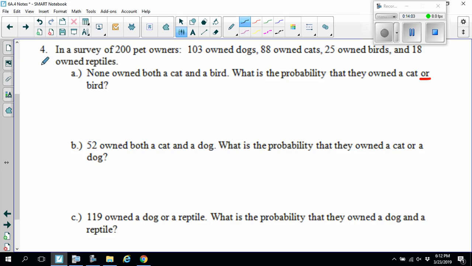Okay. Now, because they tell us that none owned both a cat and a bird, this is actually not a compound event. This is just our disjoint. We're really just trying to find the probability that someone owned a cat or owned a bird. So what we're going to do is just add the two probabilities and get our final answer. So this is going to be the probability of a cat or a bird.